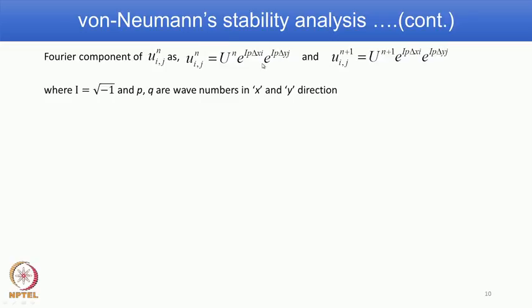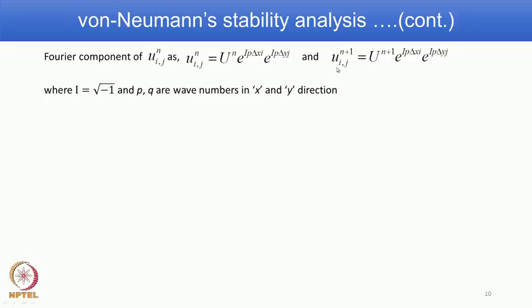Now, we have an additional term when you compare with the 1D situation. So, one term is for the x direction, the second term is for the y direction. We extend this for all other terms in that equation.